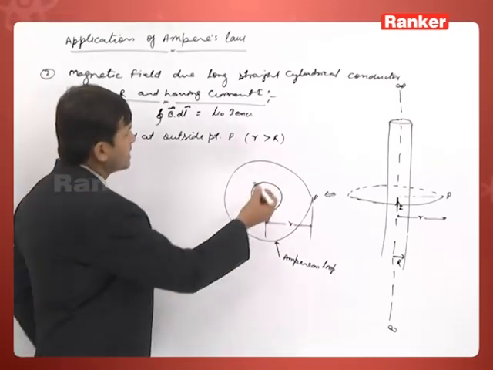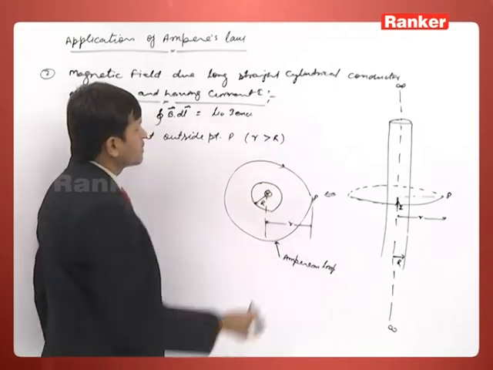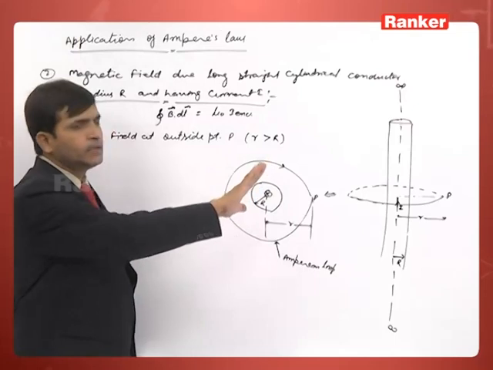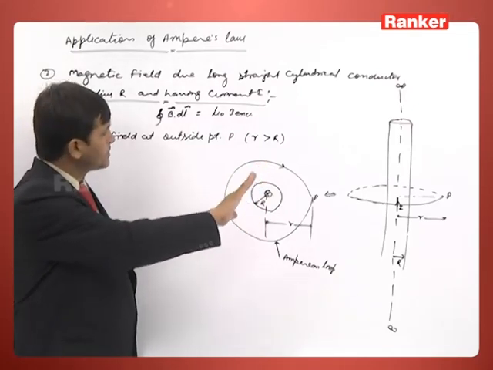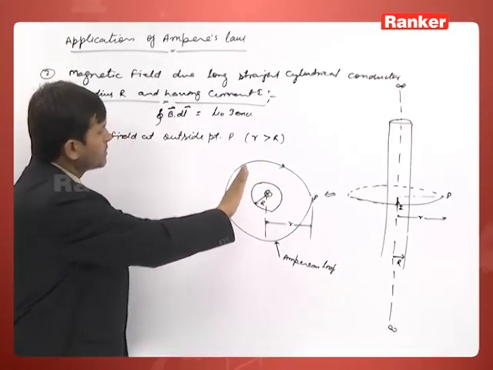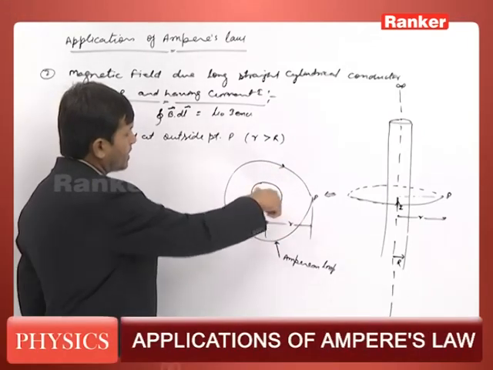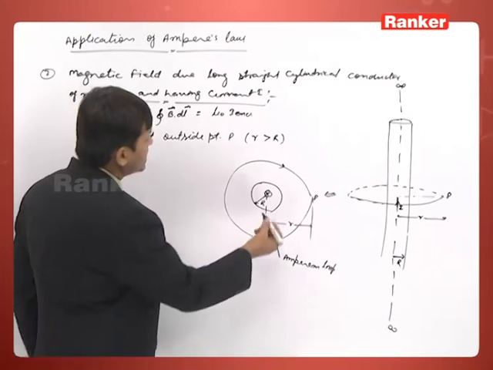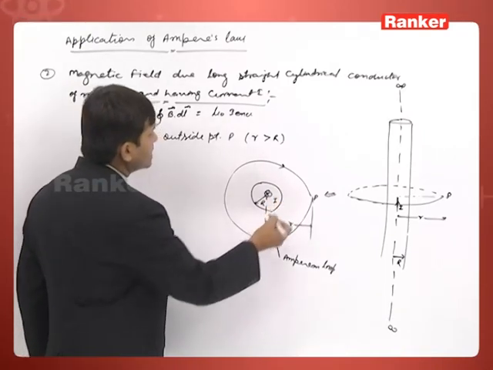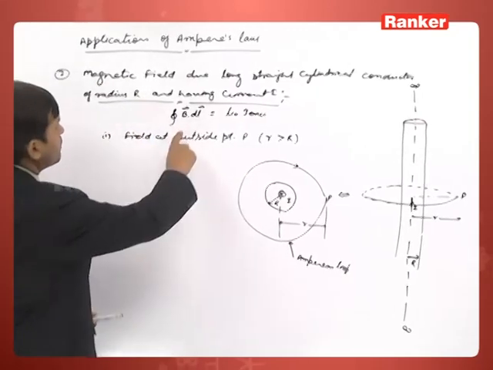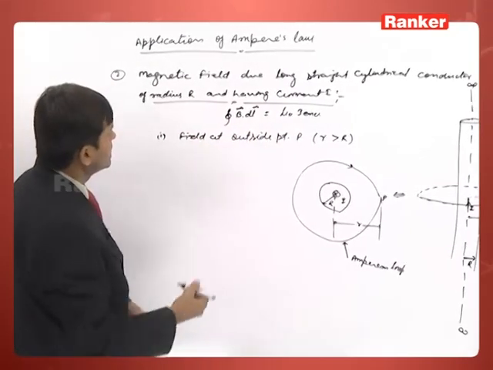Let us consider clockwise. When we are moving clockwise, by using the right hand thumb rule, our fingers are in the clockwise sense, the thumb is inward, and our current is also inward, so that current should be taken as positive. So now we can substitute here.